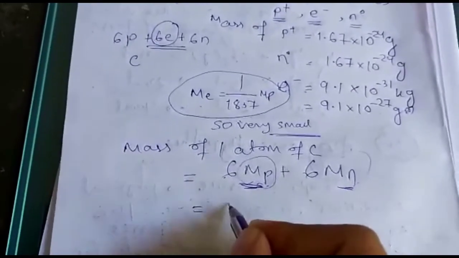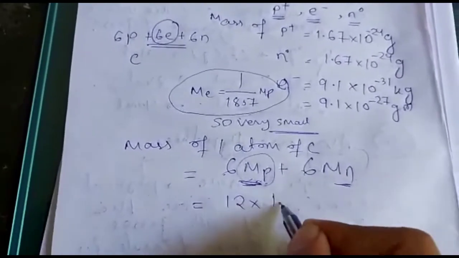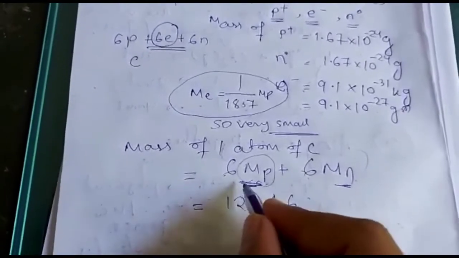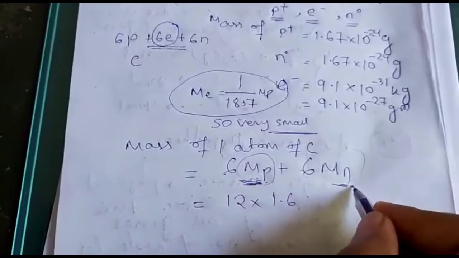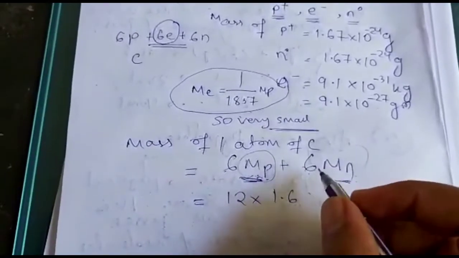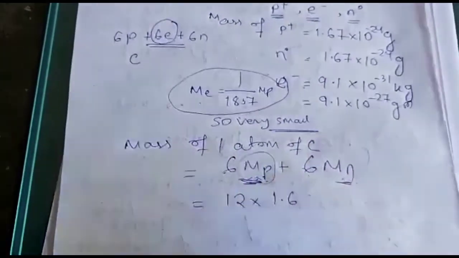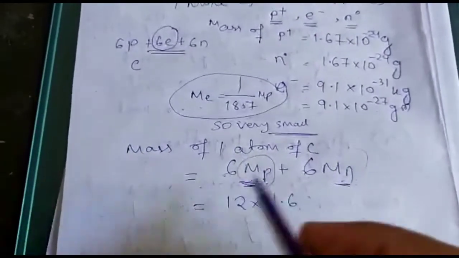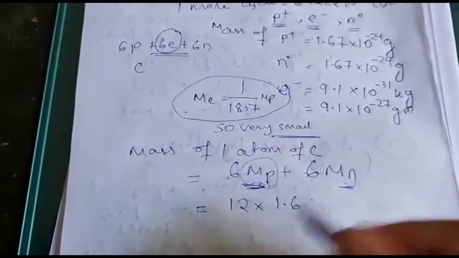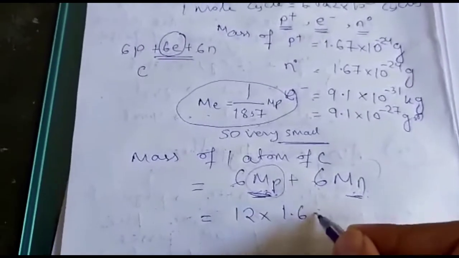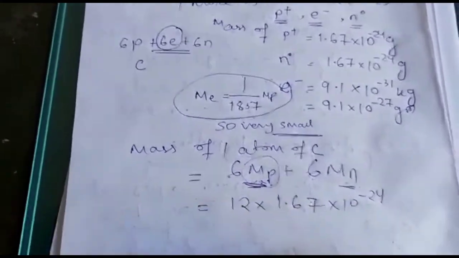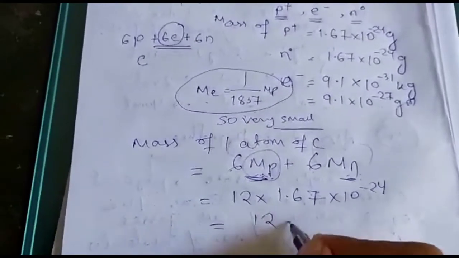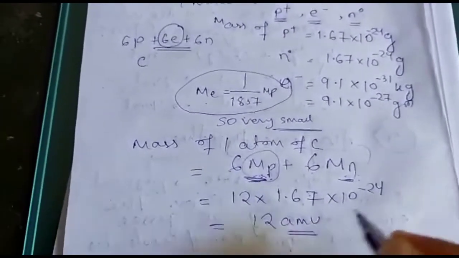If you calculate, the value will be 12 into 1.67. You can take 6 common on both sides. Mass of proton and mass of neutron are also the same, so you can take them common, then it will be 6 plus 6, that is 12. So 12 into 1.67 into 10 to the power minus 24. It is known as 12 AMU, atomic mass unit.